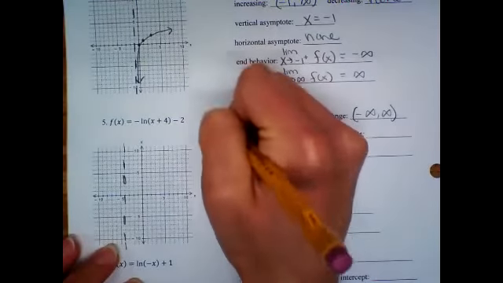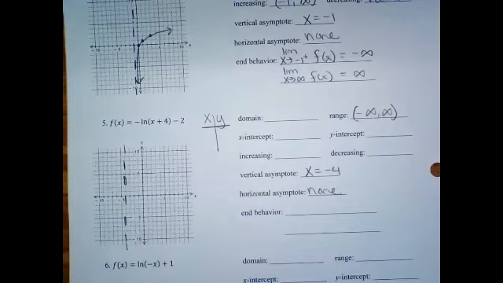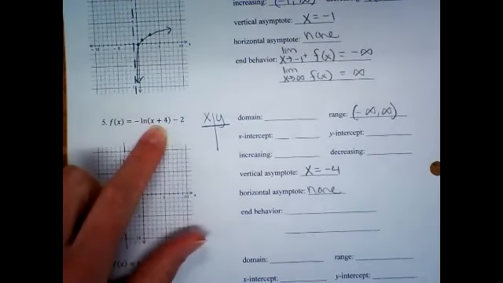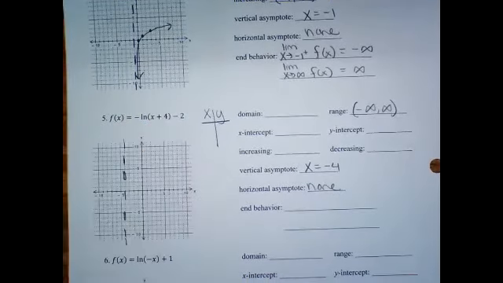All right, so let's try and get a point. What can we plug in? If we plug in 1, we'll get ln of 5. I can't do that without a calculator.